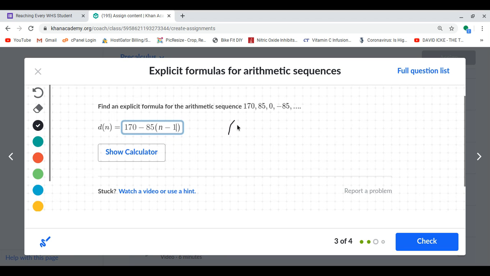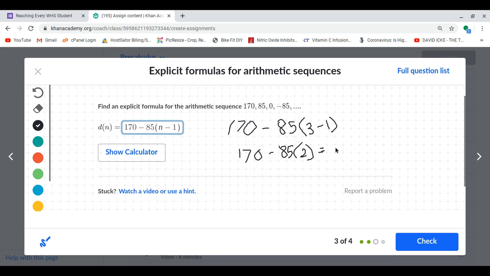And let's check, make sure it works with, say, the third term. So we're going to do 170 minus 85 times 3 minus 1. So that's 170 minus 85 times 2.